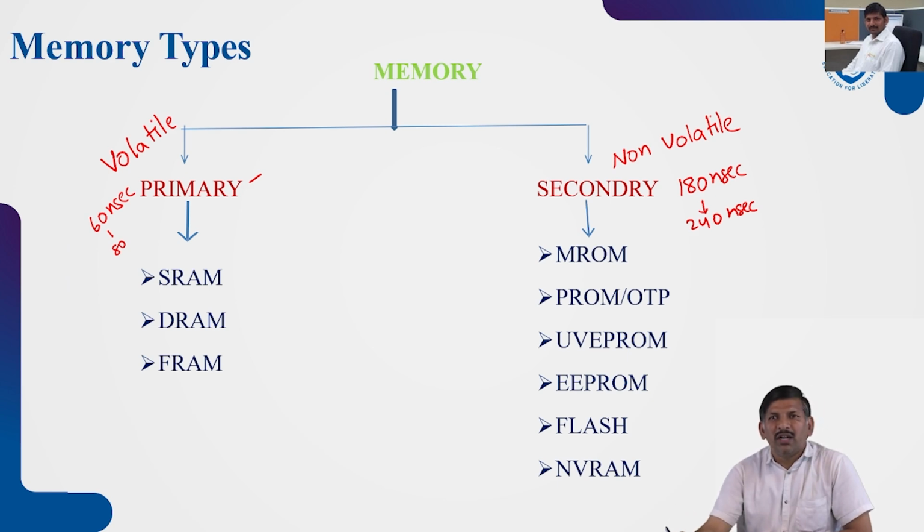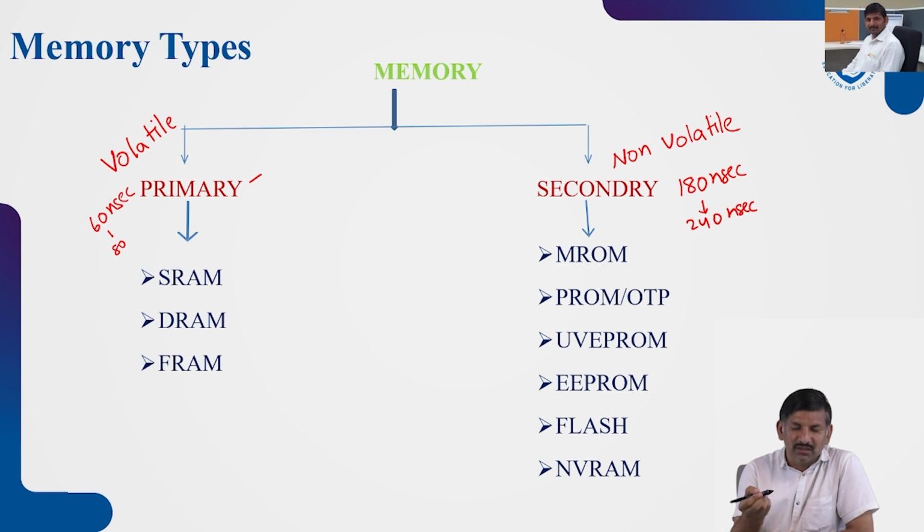That's why, while doing operations, the processing elements get the information first from primary, then secondary, based on requirement. Based on that, we classify memory into primary and secondary memory devices. First we access from volatile memory devices, that's why it is called primary. Second, we access from non-volatile memory devices.